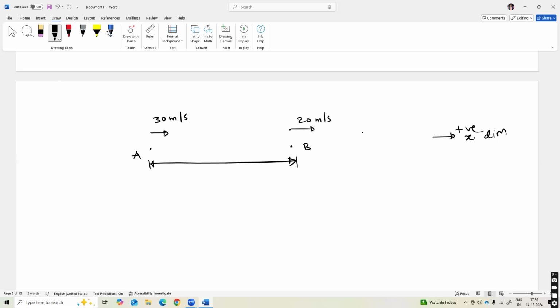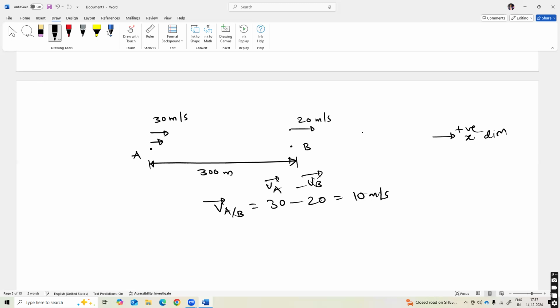In this case also, A will have to travel 300 meters towards B to catch B. If we find the relative velocity of A with respect to B, it will become VA minus VB, so 30 minus 20, that is 10 meter per second, in the positive x direction.